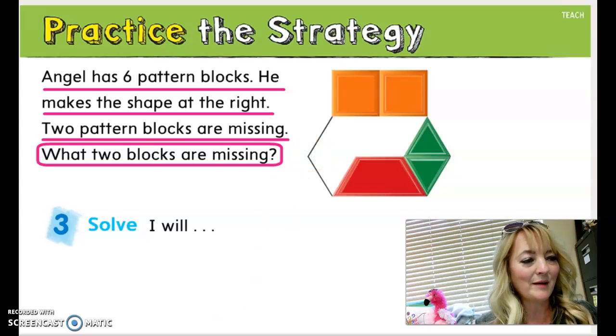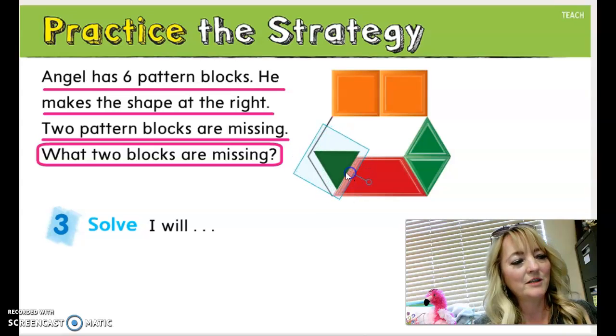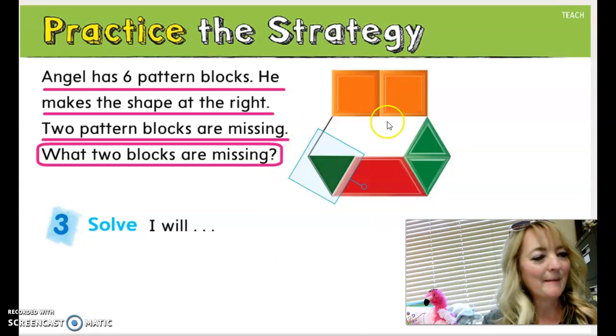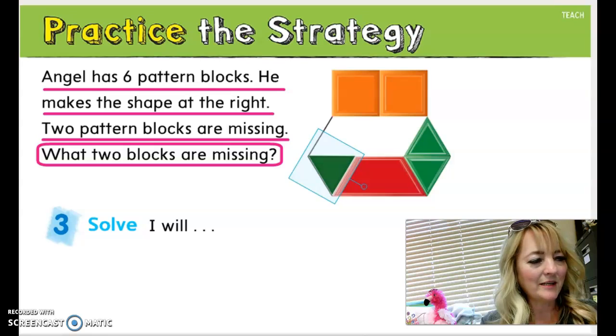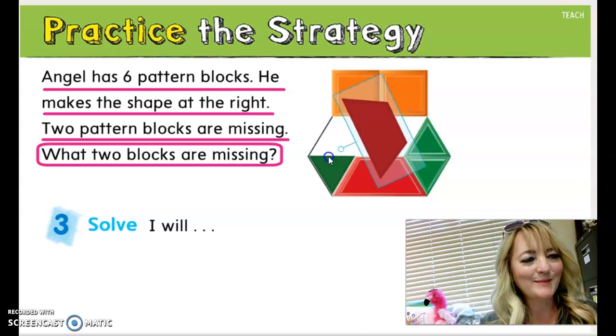So let me get my pattern blocks out, the ones that you have as well. Let's try this guy. If we turn it that way, does it fit nicely? I think it does. Let's see what else. What if we try a trapezoid? Okay, well, obviously it needs to be turned, right?